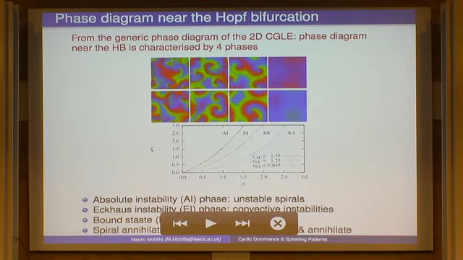It keeps popping up all over the place. Anyway, a lot is known, and in particular, the 2D phase diagram is well known. So what I'm going to do is use the characteristics of our CGLE to predict the phases that occur near the Hopf bifurcation. And that's basically the phase diagram that we obtain from the CGLE.